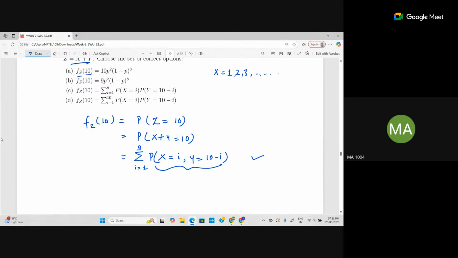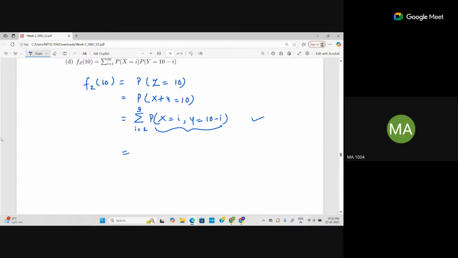Now since x and y are independent, we can write the joint as the product of the marginals: x is equal to I multiplied by y is equal to 10 minus I.